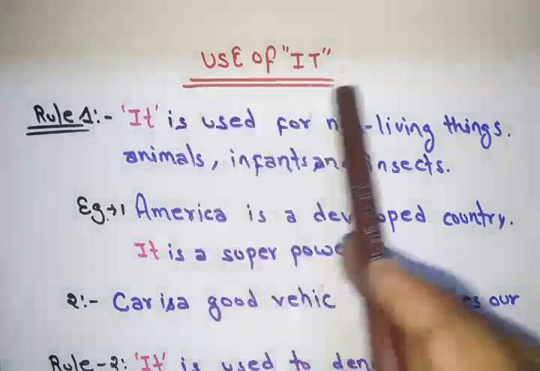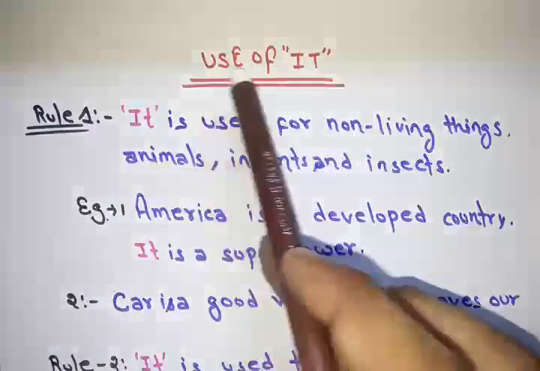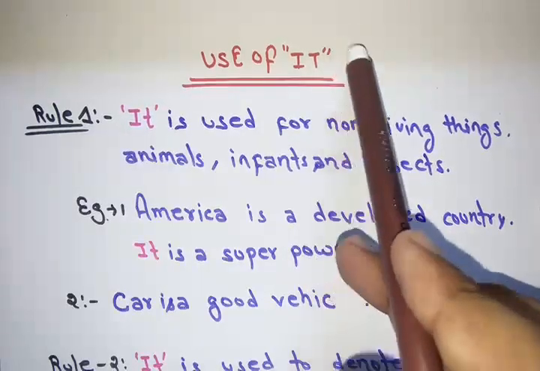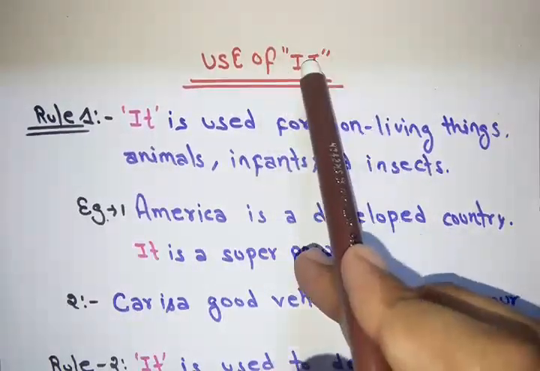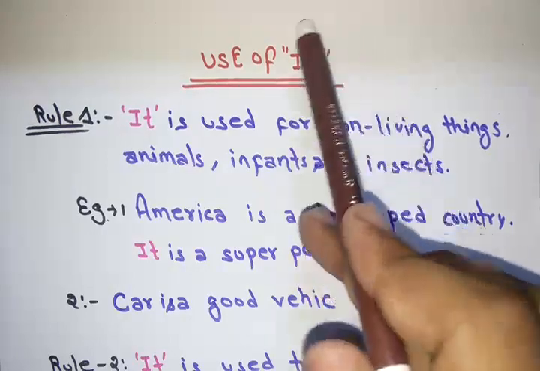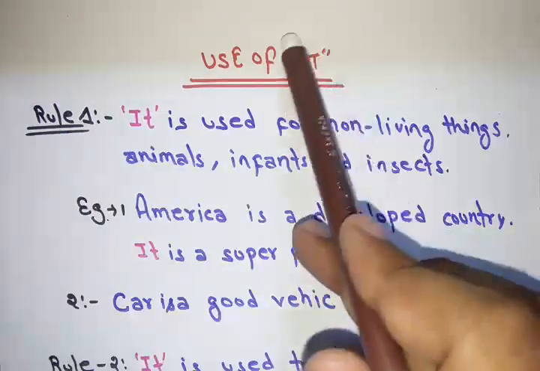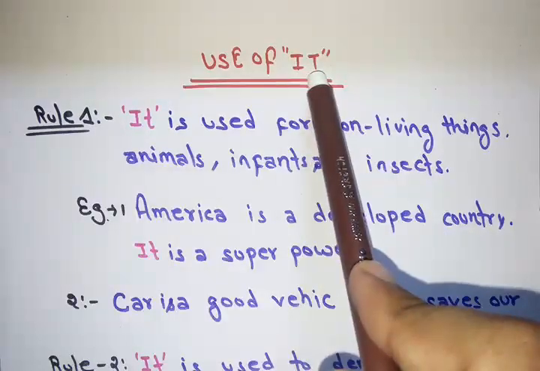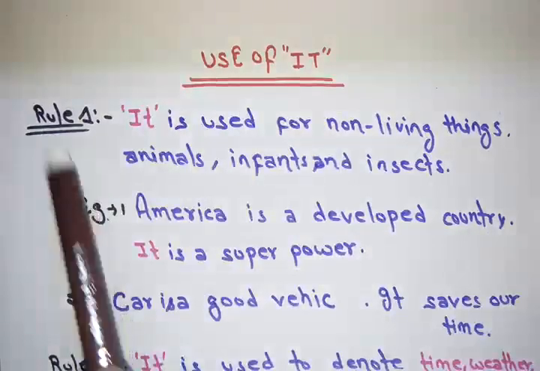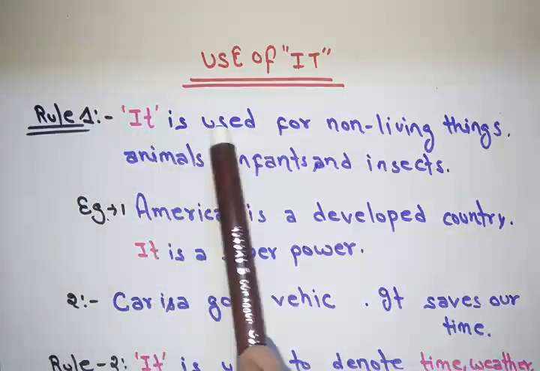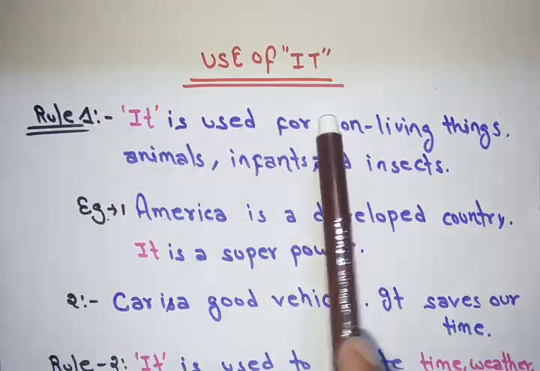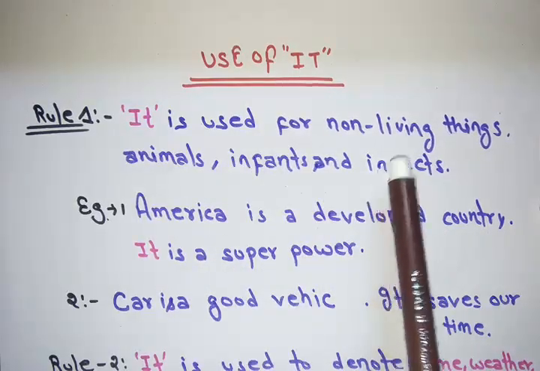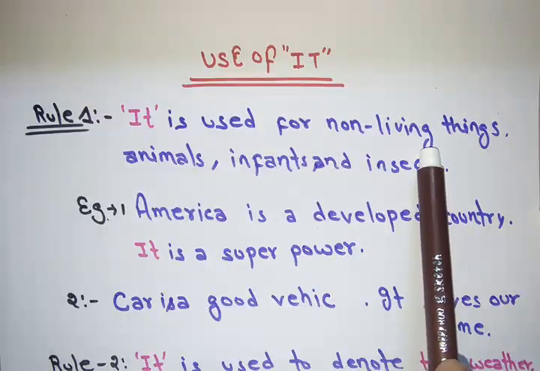Now, use of "it". This is a very confusing pronoun. Some people don't know when we can use it. So today we will try to learn how we can use it and where we can use it. Rule number one: "it" is used for non-living things, animals, and insects in their singular forms.